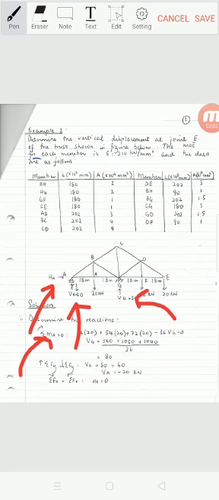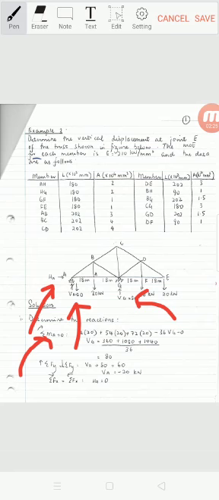Then we can find the next reaction, which is VA, by equating the summation of Fy acting upward to the summation of Fy acting downward. From this equation, we get VA equal to negative 20 kilonewton.